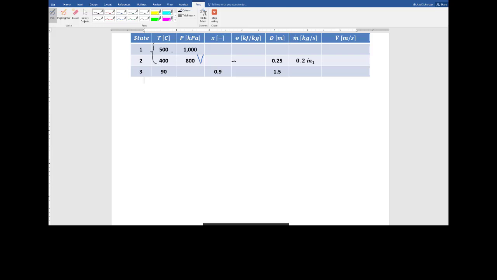I'm not 100% sure I can solve these two states, because I can only solve states with temperature and pressure if they're subcooled liquids or superheated vapors. But this state 3, I know automatically this one is two-phase. So let's check these out first. I have 1,000 kilopascals, which is 10 bar, which is 1 megapascal, and the other one is 0.8 megapascal or 8 bar.